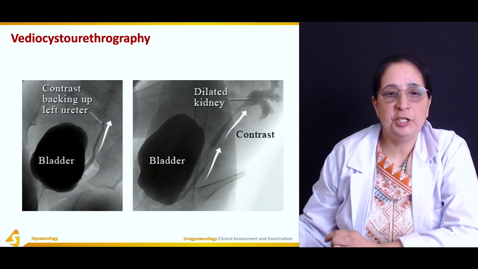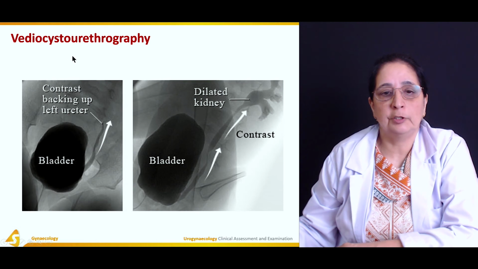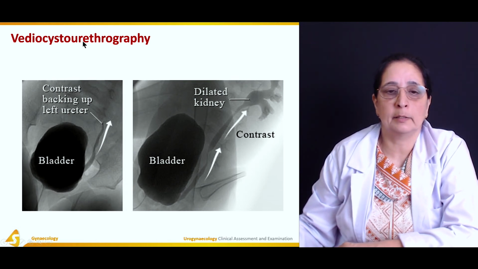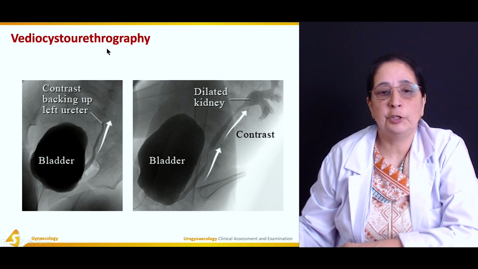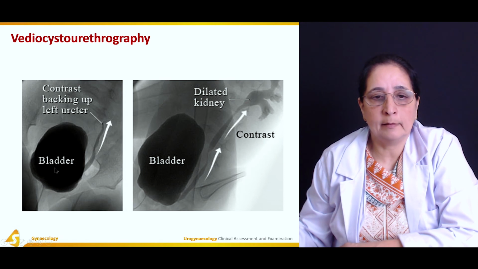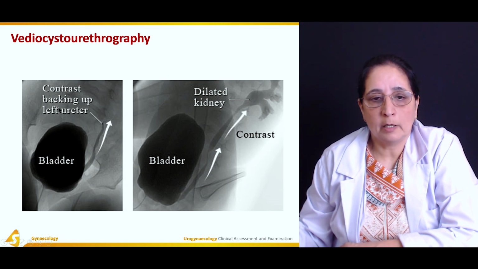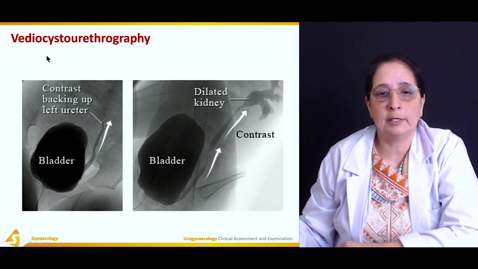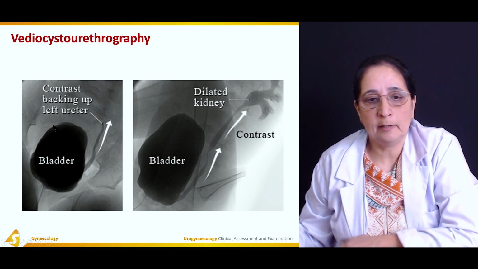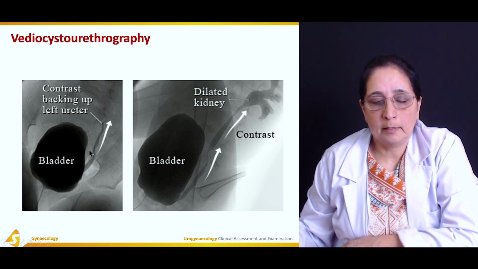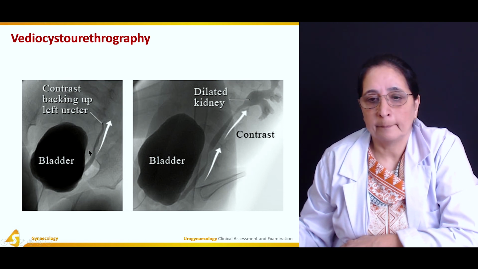Then we have videocystourethrography, which is the recording of the bladder and the urethra. And then here, if you see, this is the bladder, and the contrast medium is injected to take the picture. You see there is backflow of the fluid dye in the ureter.